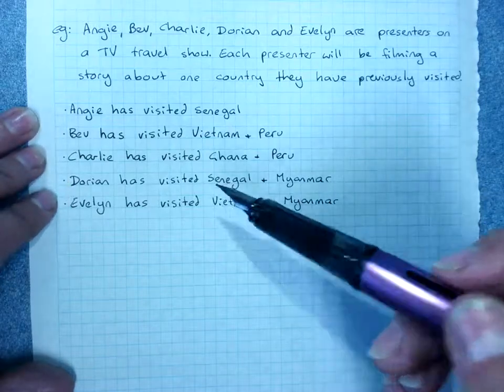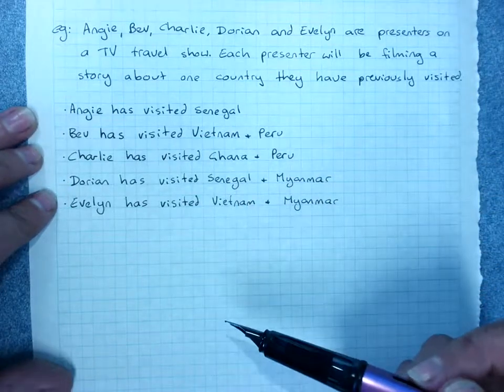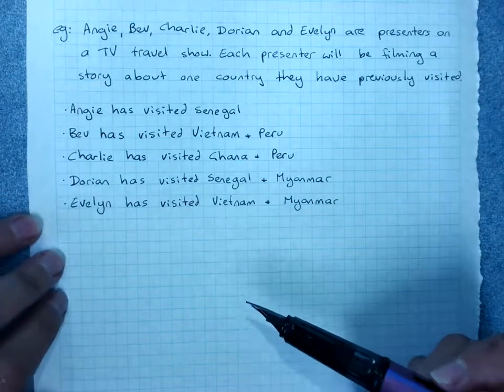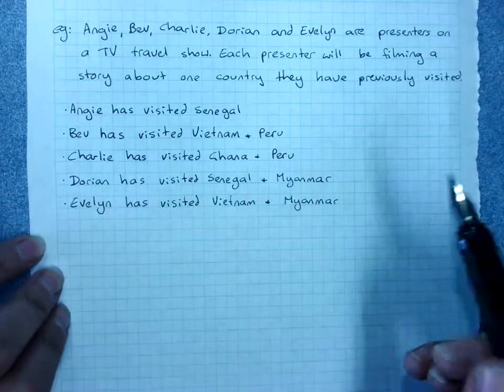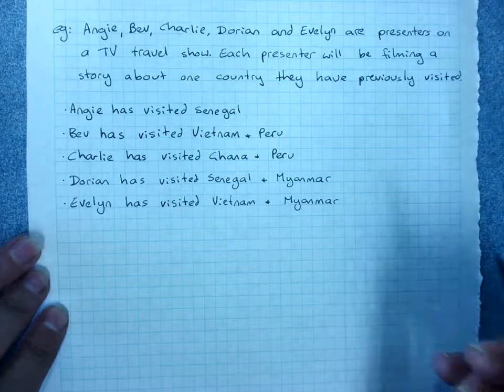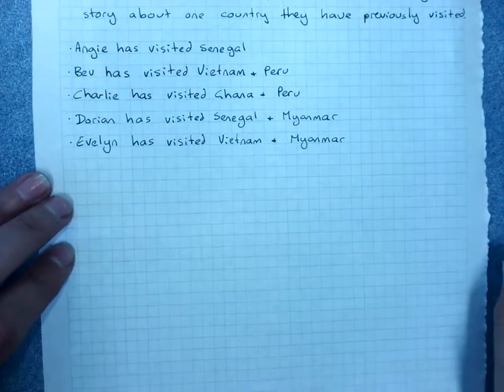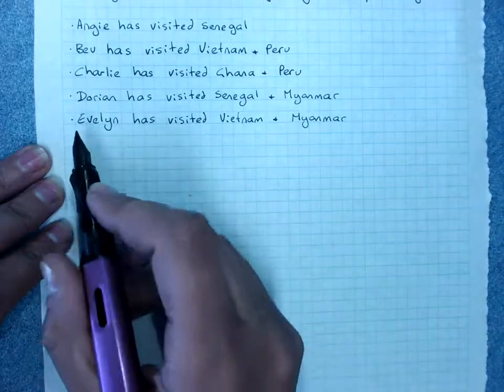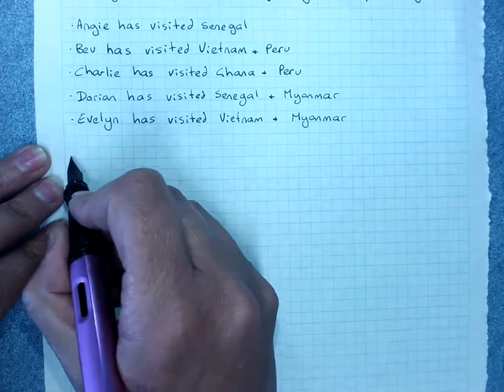But once it gets a bit more complicated than this, we really do need a diagram so we can keep track of everything. So doing an assignment bipartite graph makes the most sense. Your two groups are presenters and countries.